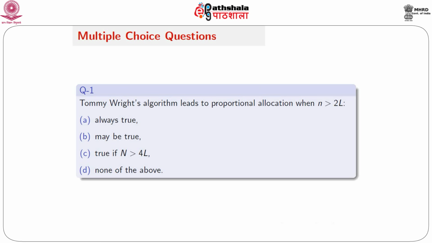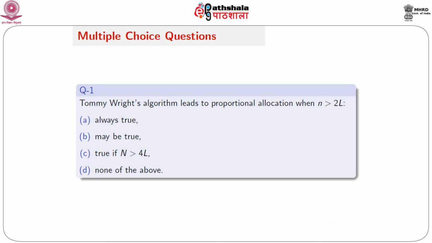When small n_h is proportional to capital N_h, you call it a proportional allocation. So there the formula is small n_h equal to small n times W_h, W_h being the relative weight of the hth stratum.